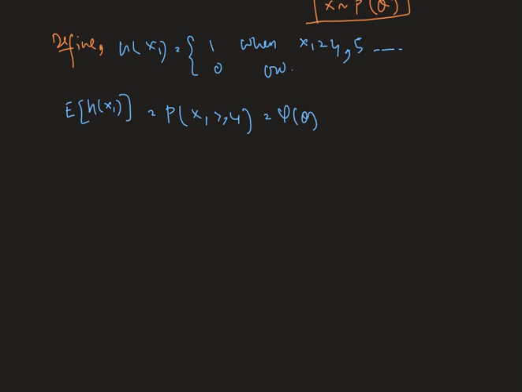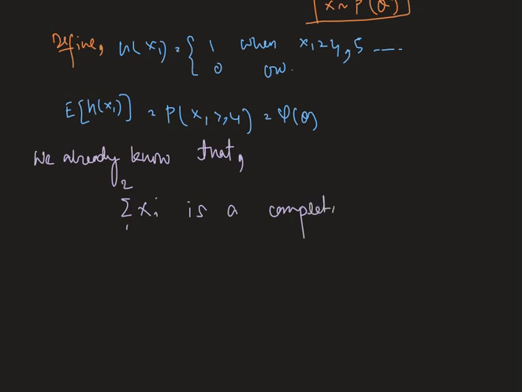Now we already know that the sum over xi, i equals 1 to 2, is a complete sufficient statistic for the Poisson distribution.